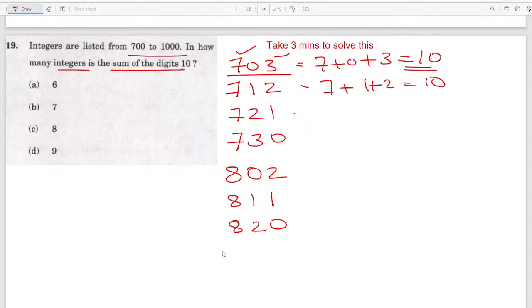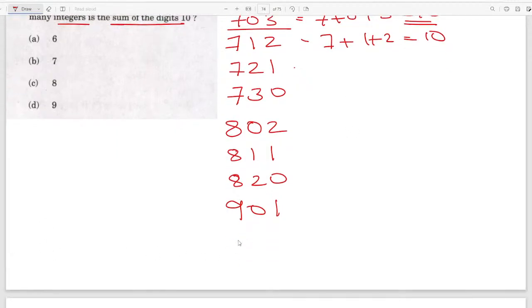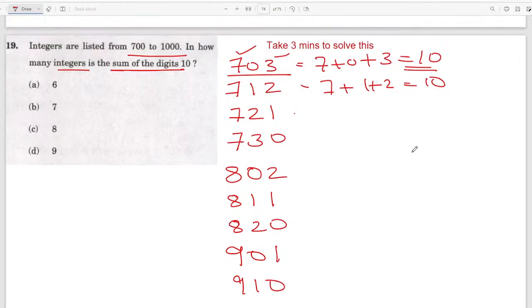Then we'll have numbers with 9. First number will be 901. After that, 910. After this, we cannot have numbers in the 920s, because with 920, 9 plus 2 would become 11. This is the last number.